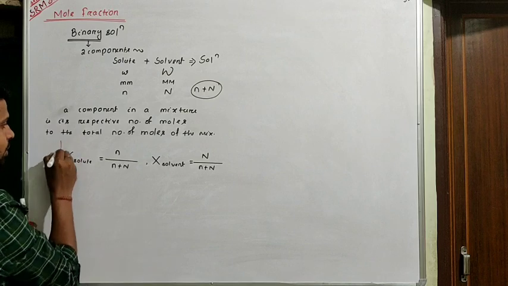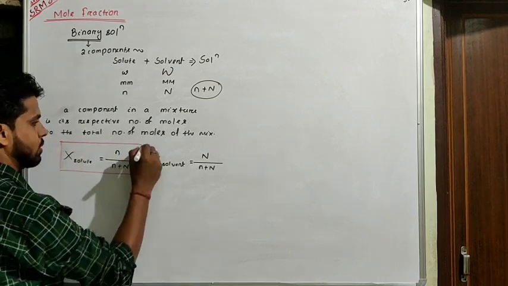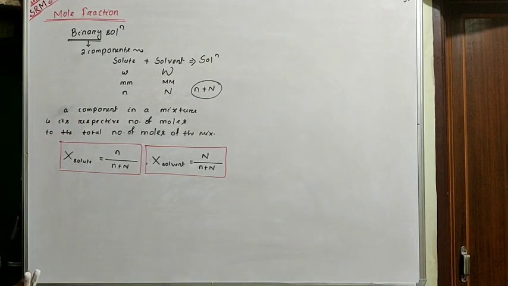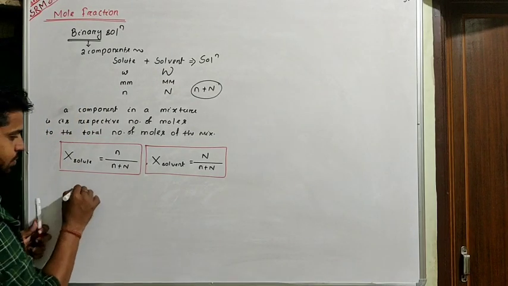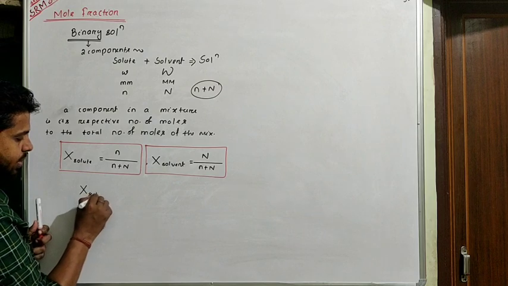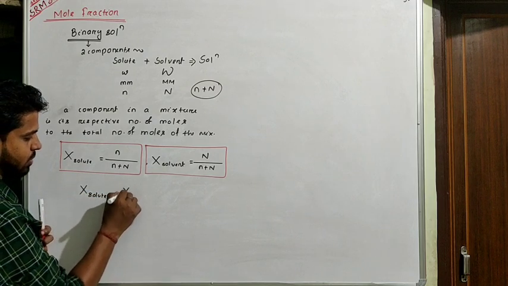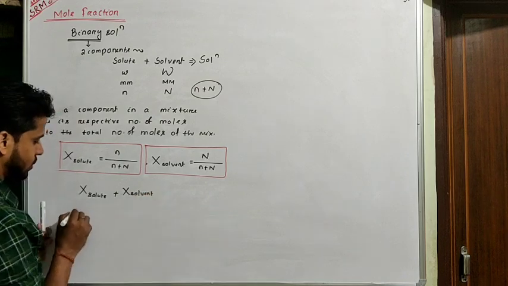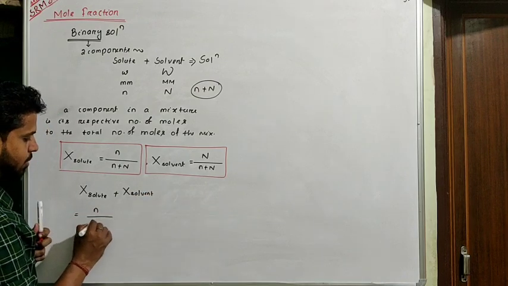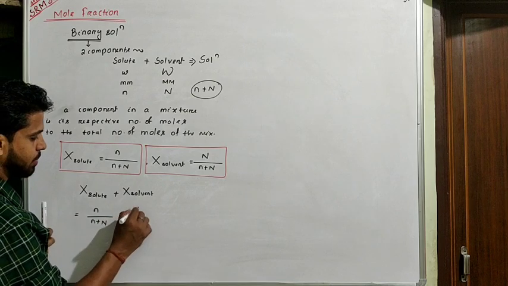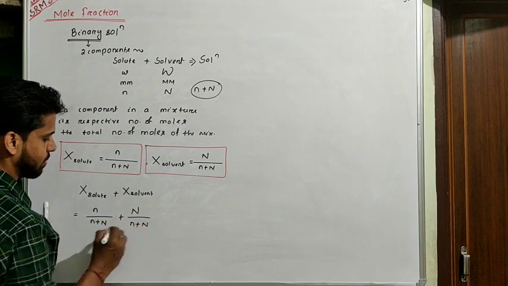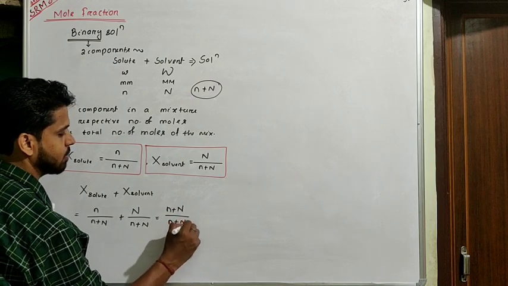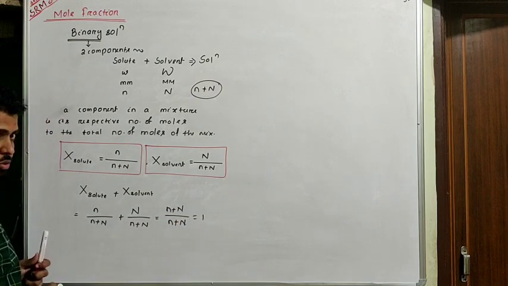So this is the mole fraction of solute. This is the mole fraction of solvent. From this, we can conclude x of solute plus x of solvent is equal to n by n plus N plus capital N by n plus N, that is equal to n plus N by n plus N, which is nothing but equal to 1.